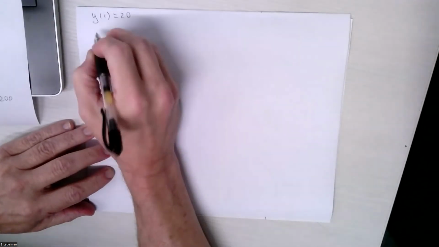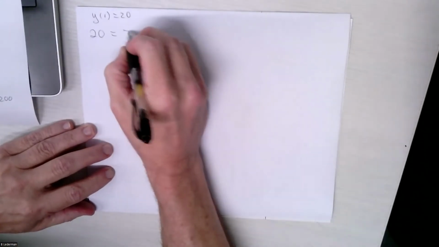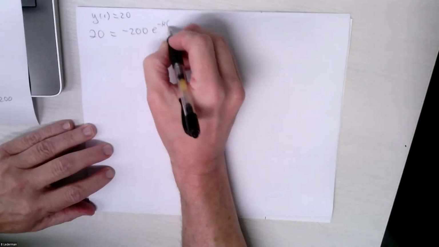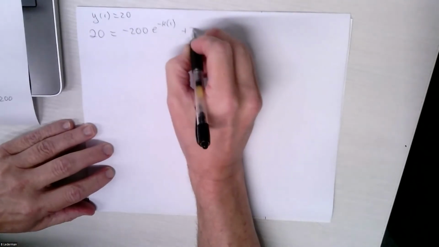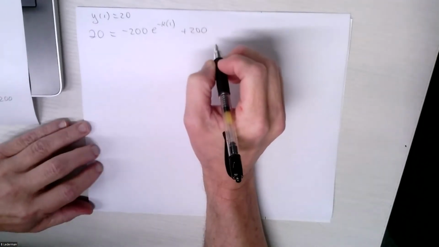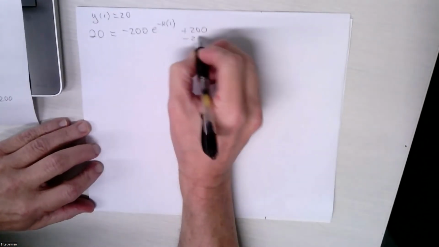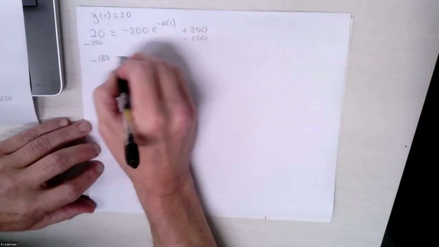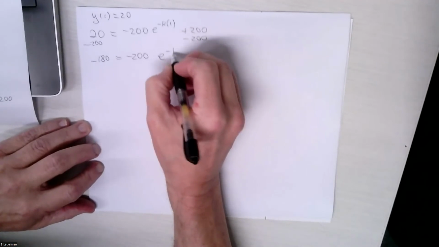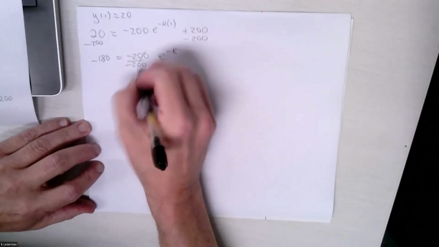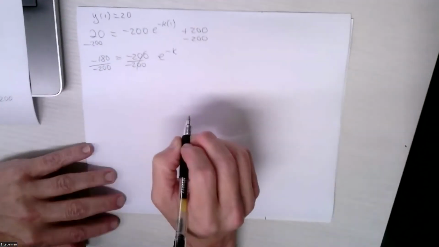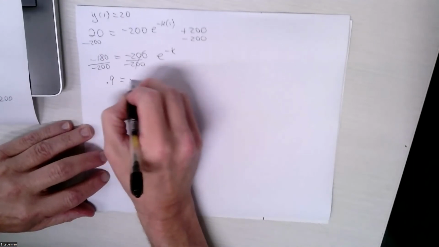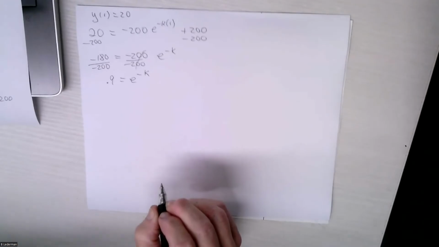So I'm going to say 20 is equal to negative 200 e to the negative k times 1 plus 200. If I subtract 200 from each side, that gives me negative 180 equals negative 200 e to the negative k. Divide everything by negative 200, and I get e to the negative k is equal to 0.9.